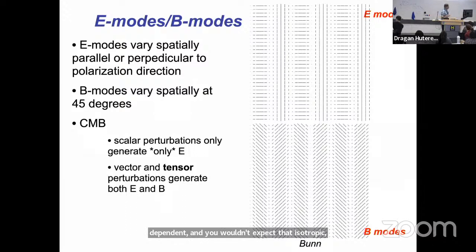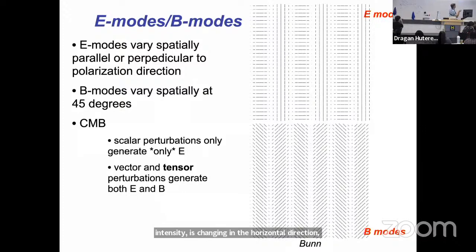So another way you could define your polarization field is to talk about which way it varies compared to the polarization direction. What do I mean by that? You can pick a spot right here where you can see the polarized intensity is changing in the horizontal direction.